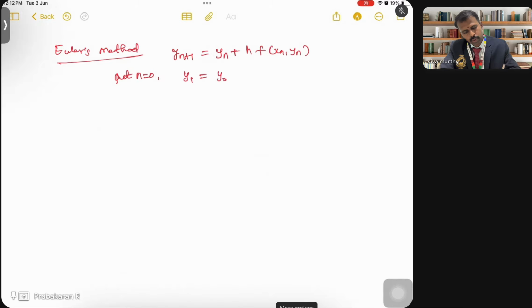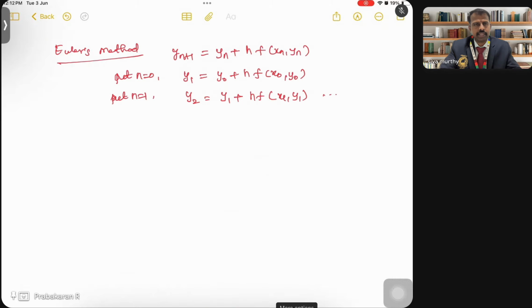So y1 = y0 + h f(x0, y0). This is the first formula. Then put n equal to 1, we get y2. So y2 = y1 + h f(x1, y1), like that, and so on.